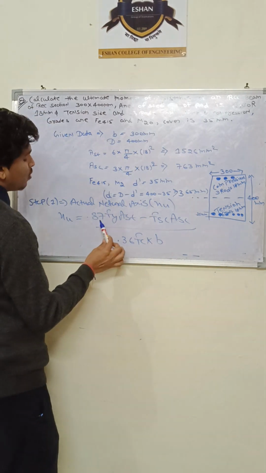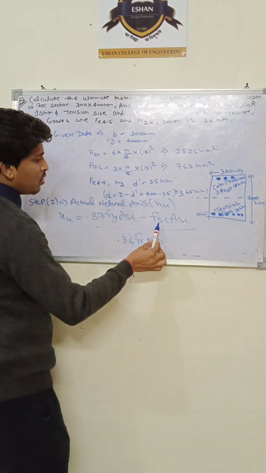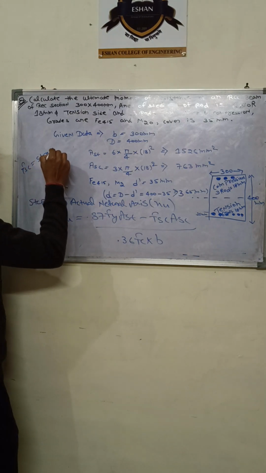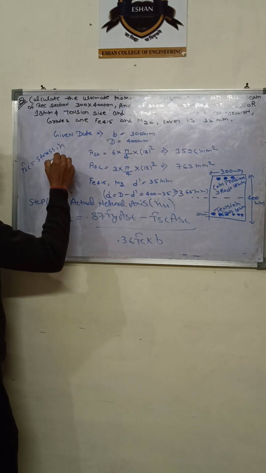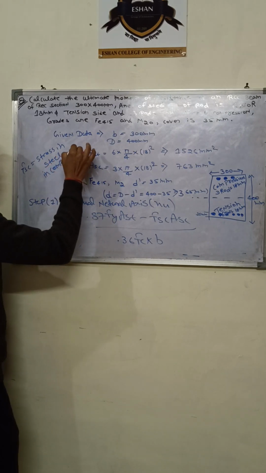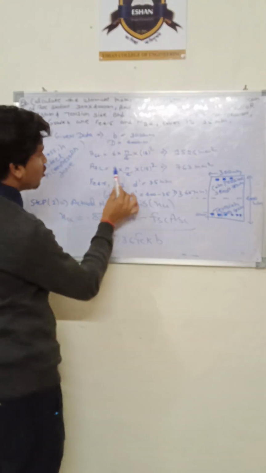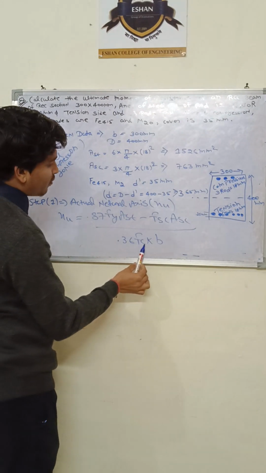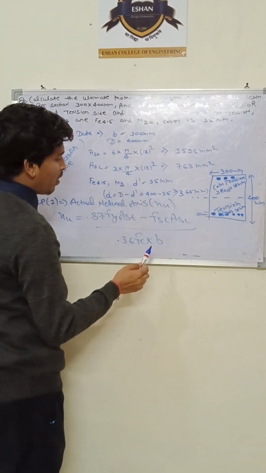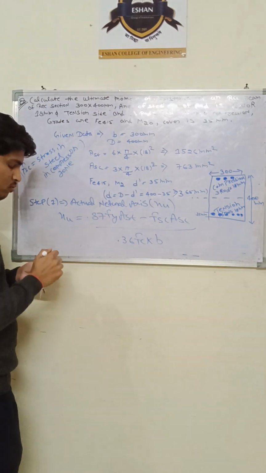Here 0.87 is a constant, fy is the grade of steel, Ast is the area of steel, fsc is the stress in steel in the compression zone, Asc is the area of steel in compression, 0.36 is the constant, fck is the grade of concrete which is M20, and b is the width of the beam. Now we put the values in this formula.